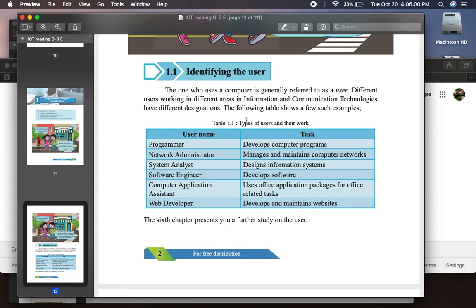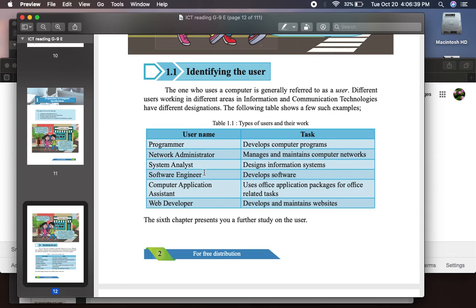Table 1.1, types of users and their work. So the first kind of user is a programmer, and the task that they do, or the area within information and communication technology that they are in, requires them to develop computer programs. A network administrator manages and maintains computer networks. A system analyst, another kind of user, designs information systems.